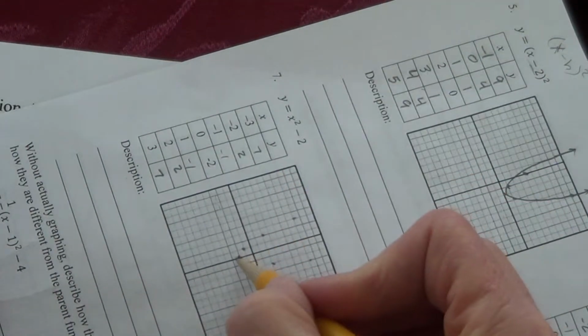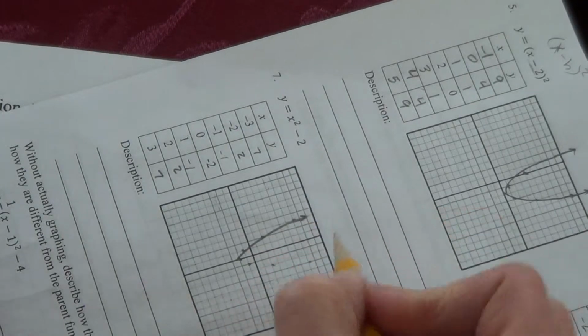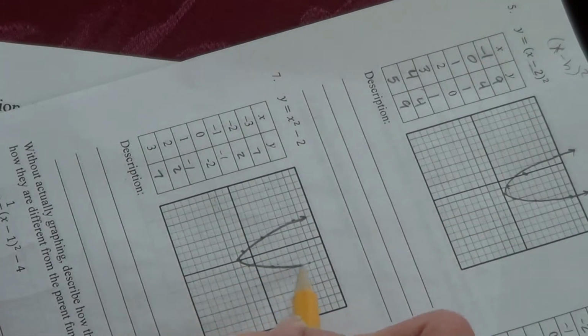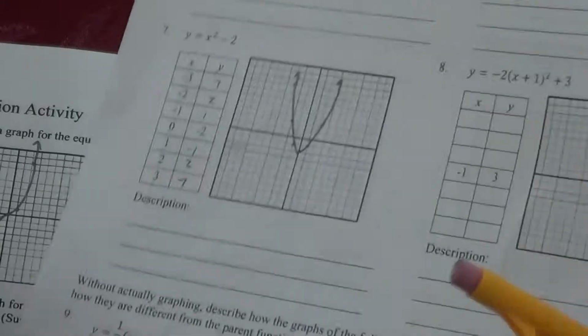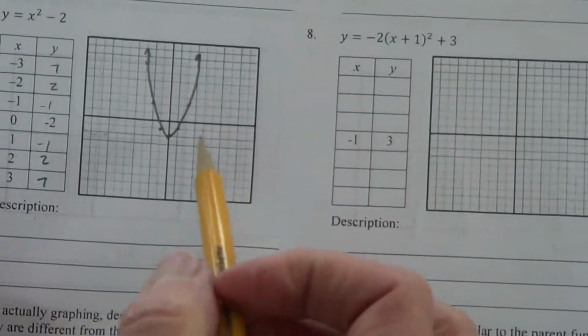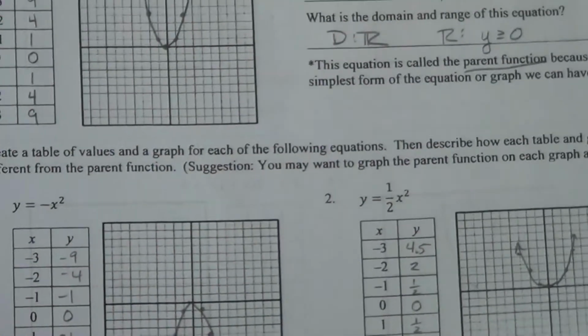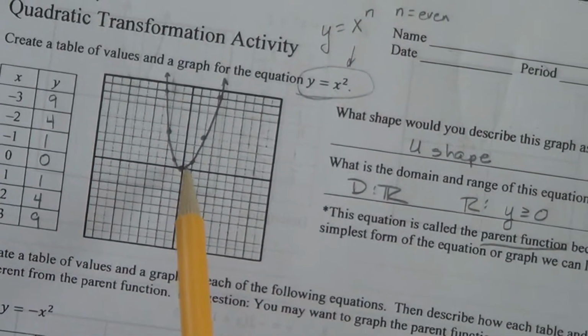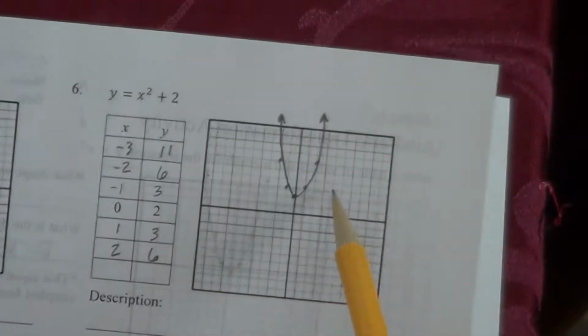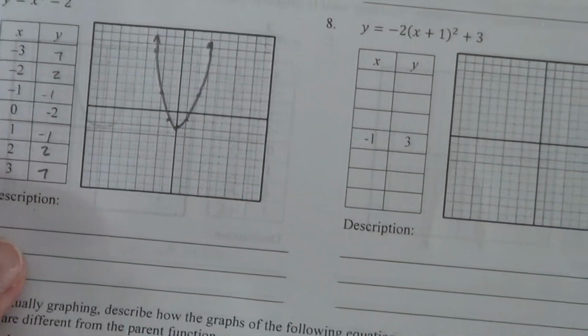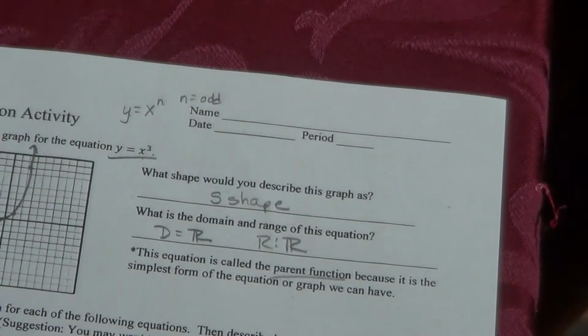And so once again, you can see the shift. Looking, again, as I said on a previous video, look at where the vertex, that turning point of the graph, is shifting. All points are shifting the same as that, and so that'll give you a nice, clear description. Fill that in for tomorrow in class.